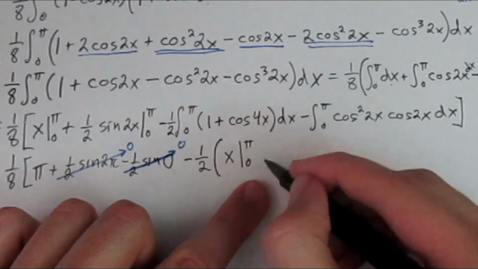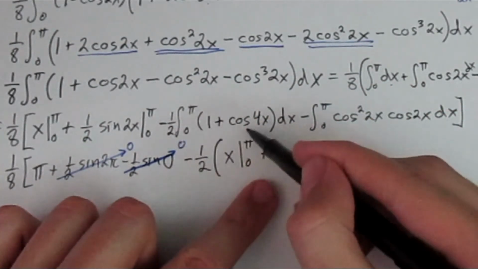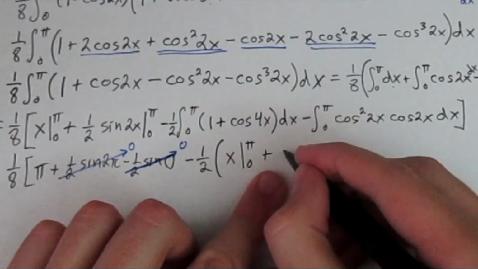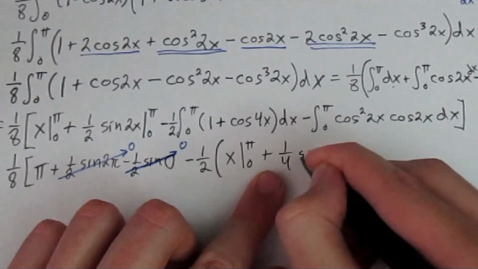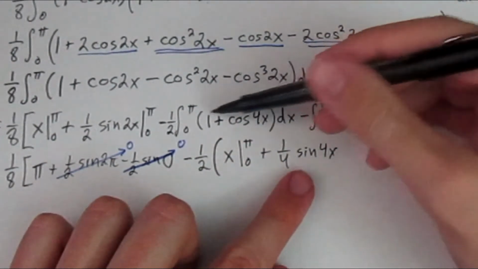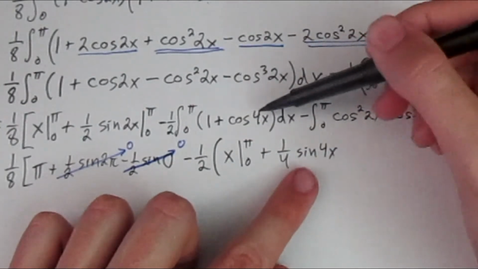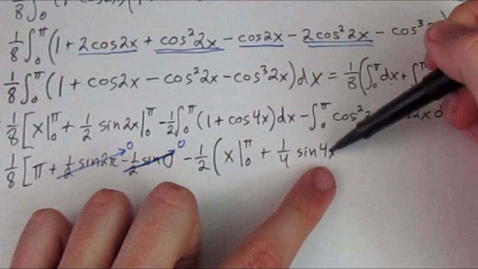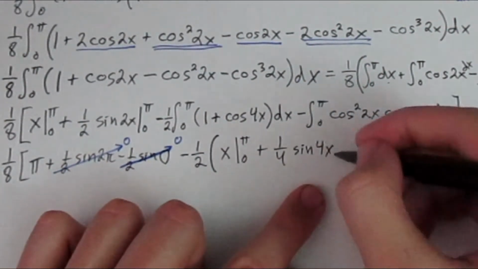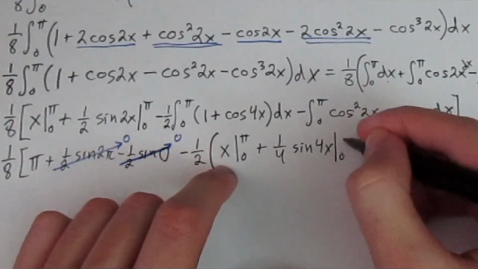And then that's added to the integral from 0 to pi of cosine of 4x. This equals 1/4 sine of 4x. See, the integral of cosine 4x is sine of 4x, and then just bring down that 4 right here, and then that's integrated from 0 to pi.